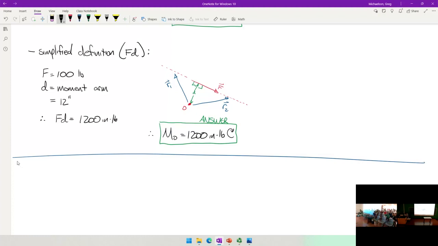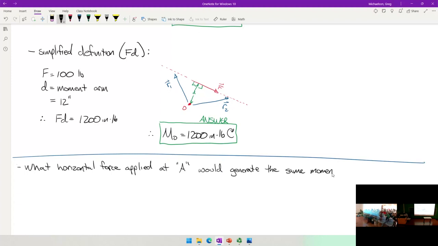This problem asked, okay, what horizontal force applied at A would generate the same moment?